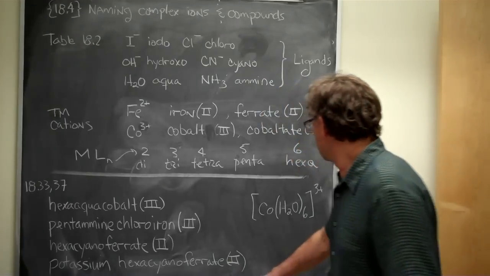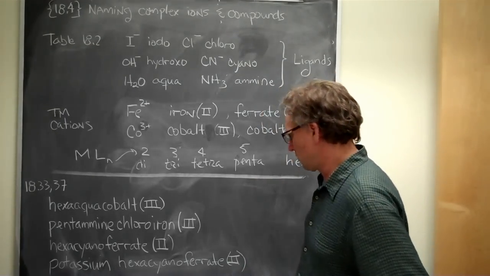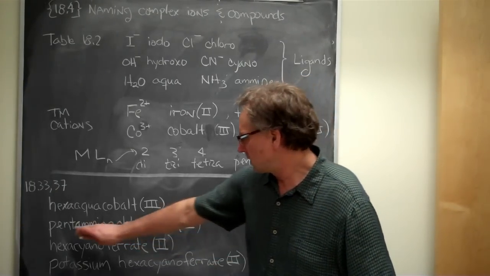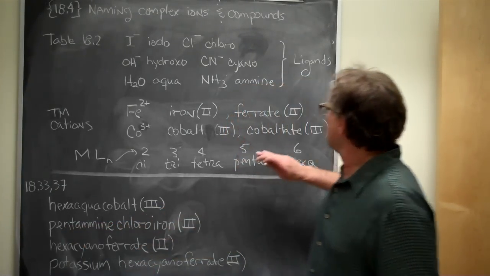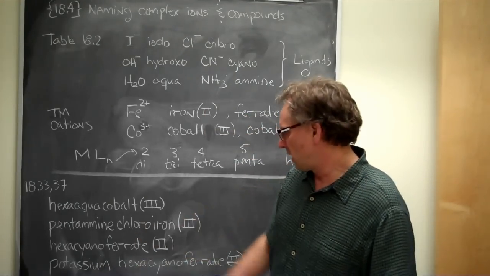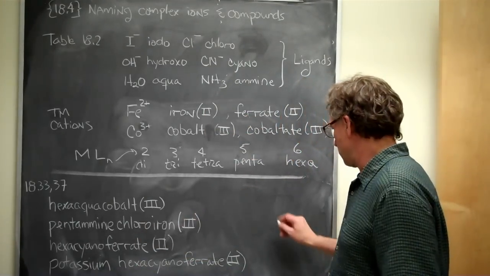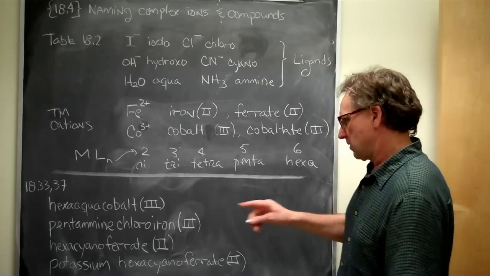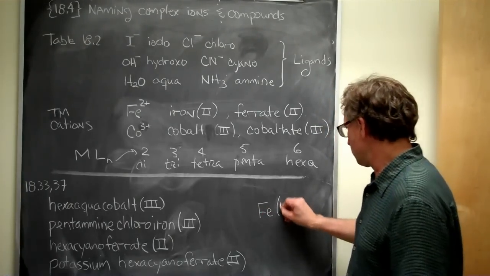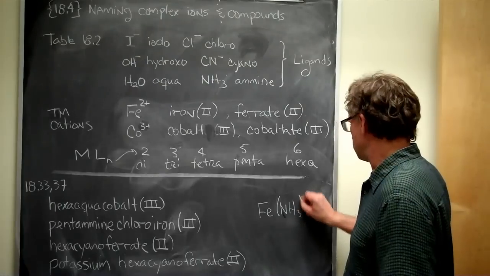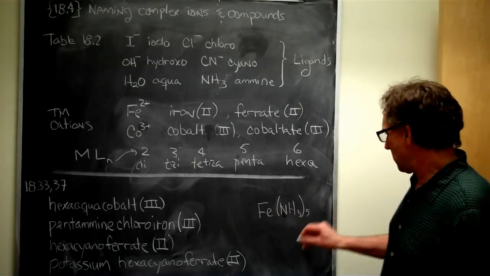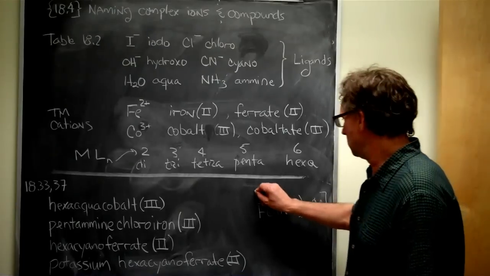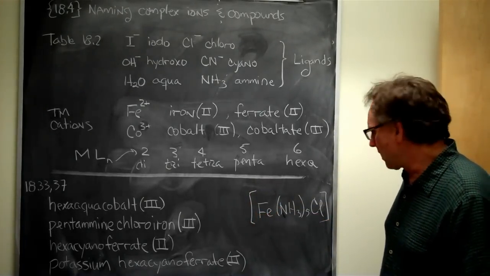Okay, and let's see how we can go about that one. I see it's an iron III. It looks like it has 5 amines on it, 5 NH3s and a single chloro. So I'm going to write the symbol for iron there, and I'm going to follow it with 5 NH3s, NH3 subscript 5, followed by a Cl ligand, chloride ligand, putting brackets around to show it's an ion.